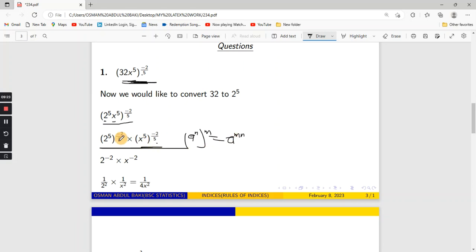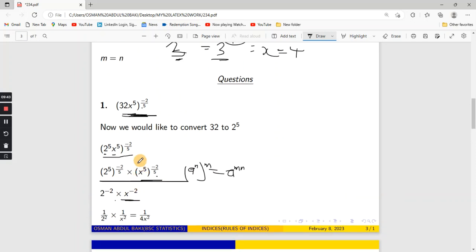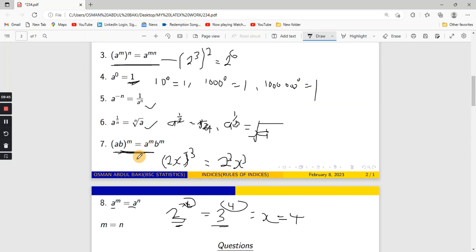So here, 5 times minus 2 over 5: the 5 cancels the 5 to give minus 2, and the same for x. So we'll have 2 raised to the power minus 2 times x raised to the power minus 2.